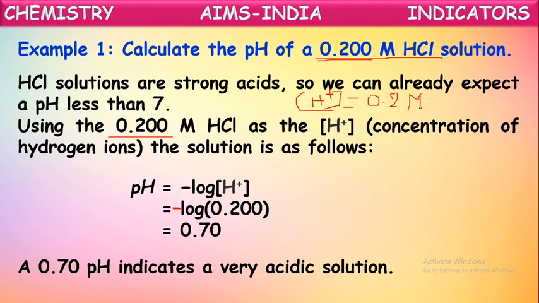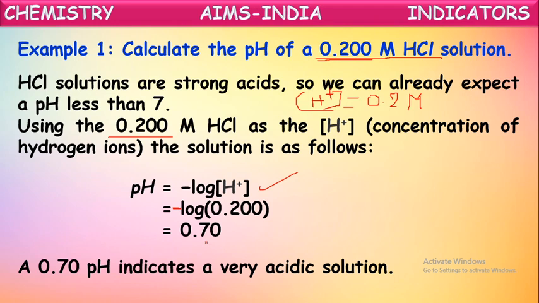We have the formula pH is equal to minus log of H+ ion concentration. So if we substitute the H+ ion concentration in the formula, we get the pH value. Hope you know how to calculate the logarithmic values. If we calculate log 0.2, we'll get minus 0.7. Initially it is a minus, so we'll finally get pH as 0.7.